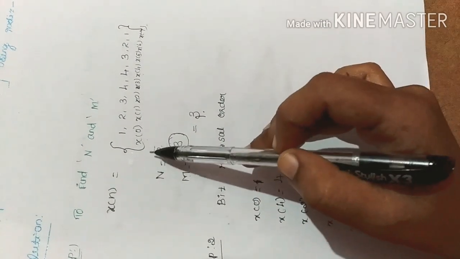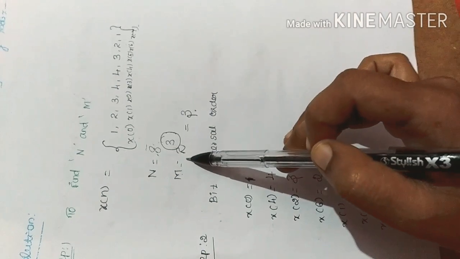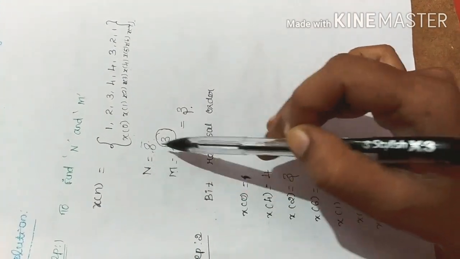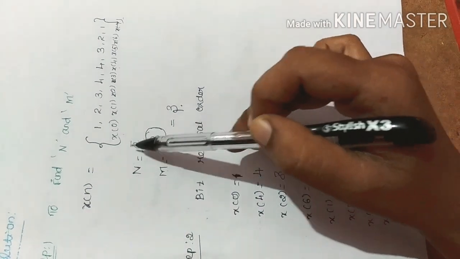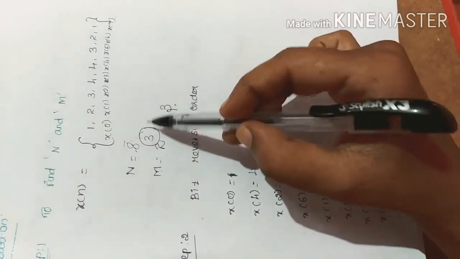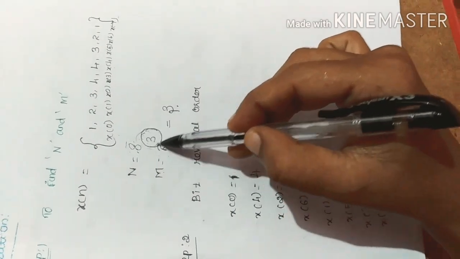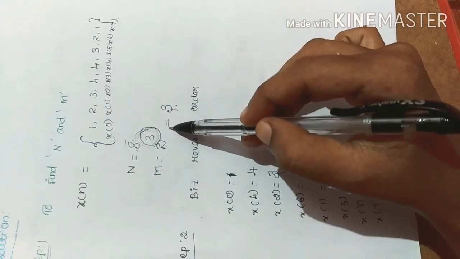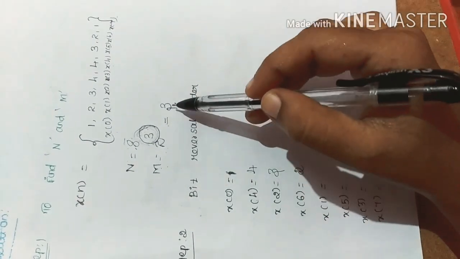Write N in the power of 2. Here N is 8, and 2 power 3 is 8, so we write N equal to 2 power 3. The power value we get is 3, and this power value is called capital M. So M value is 3.